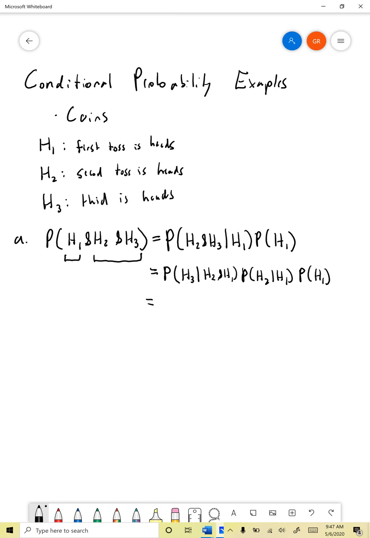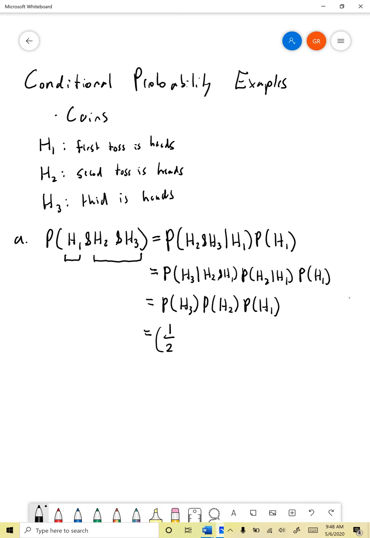Now our independence assumptions are going to allow this to simplify. Because the tosses are independent of one another, the probability of H3 given H2 and H1 is just the probability of H3. And the probability of H2 given H1 is just the probability of H2, times the probability of H1. So this is a case where, because all these events are independent of one another, the probability of their conjunction is just equal to the product of the probabilities of each of the conjuncts taken individually.